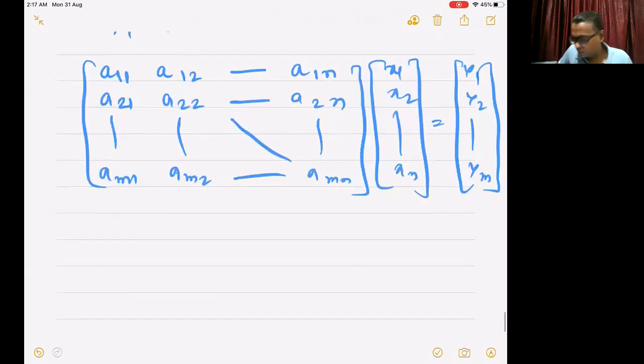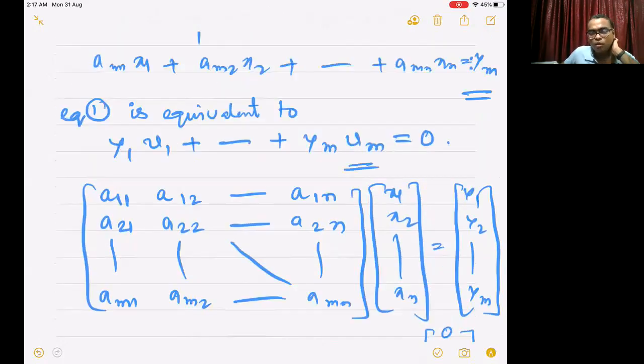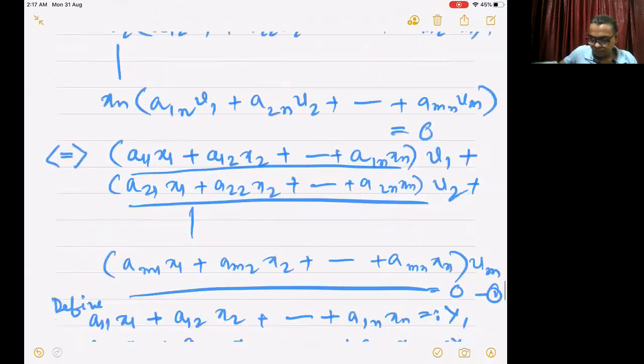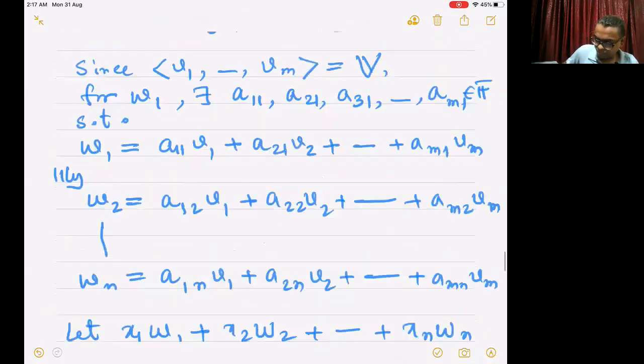Suppose the right hand side is all zeros. If the right hand side is 0, then this linear combination also is the trivial linear combination, so it will go to 0, right? Now notice the thing. What did we start with? I start with this linear combination of W's.